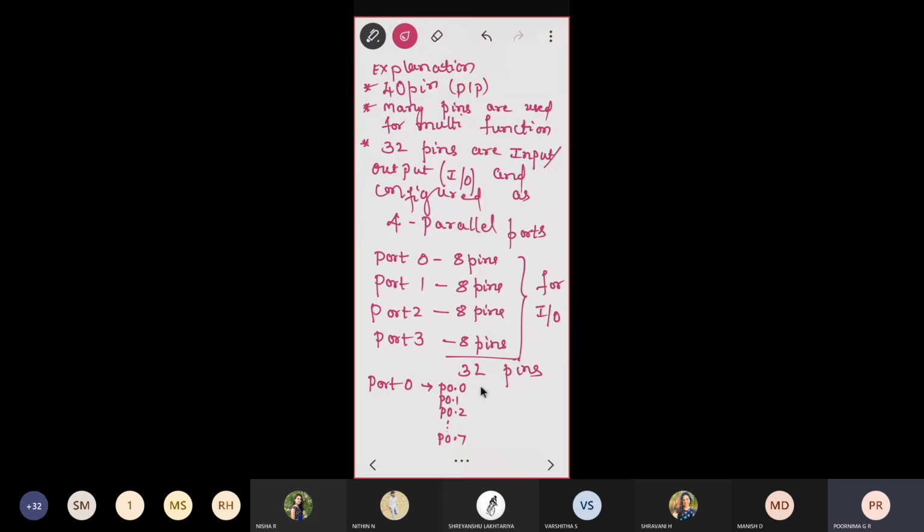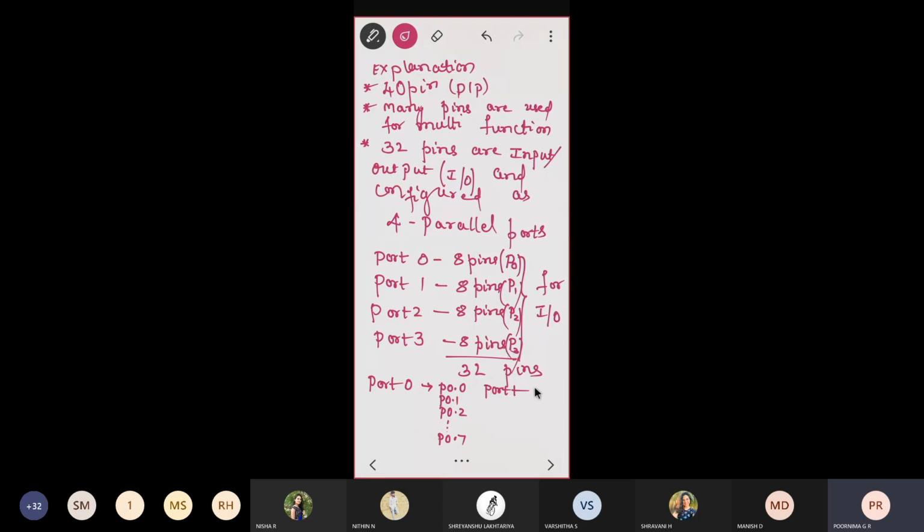Similarly for port 1, and for port 0 we use capital P0. When we use capital P1, P2, P3, I'll tell you there is a lot of difference between the small p and the capital P. I'll explain that when I take up the programming model of 8051.